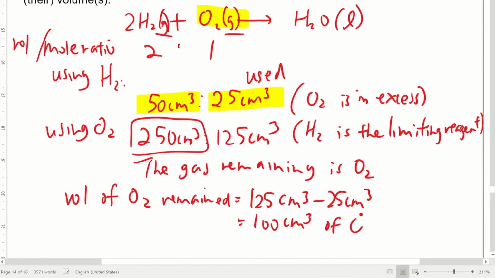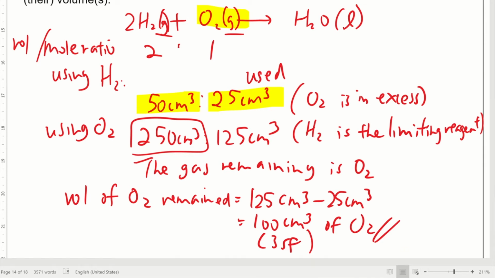You are left with 100 cm cube of oxygen. So this is how you calculate excess and limiting reagent.